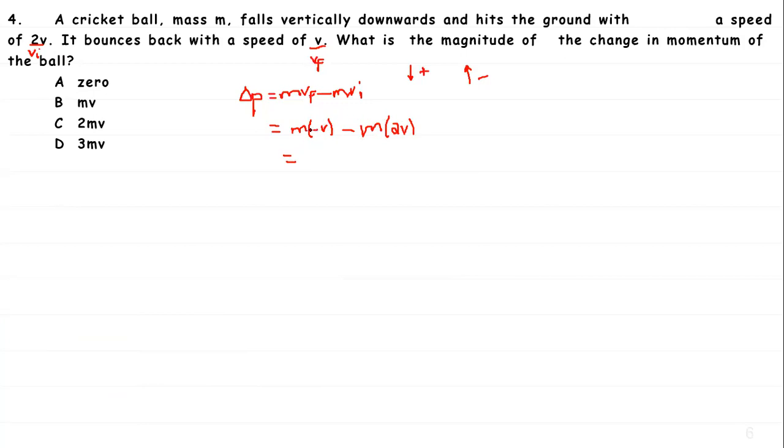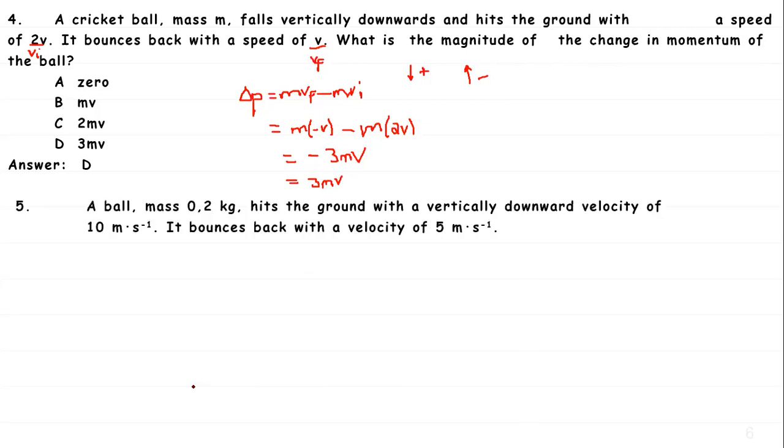So negative mv minus 2mv is going to give me negative 3mv. In other words, the magnitude is then 3mv, and hence the correct answer there must be a D.